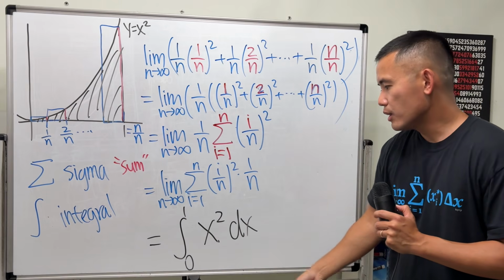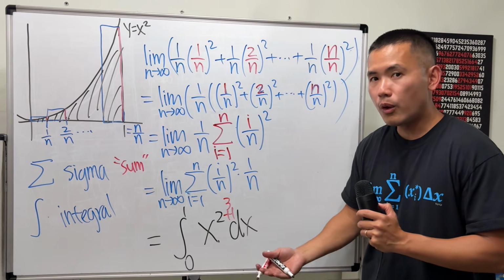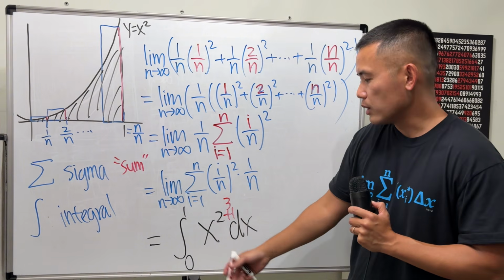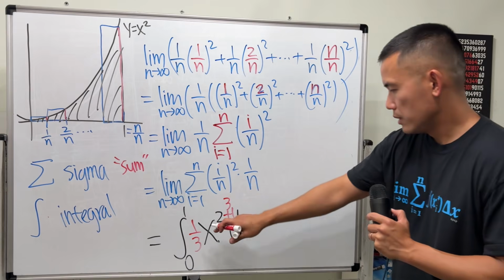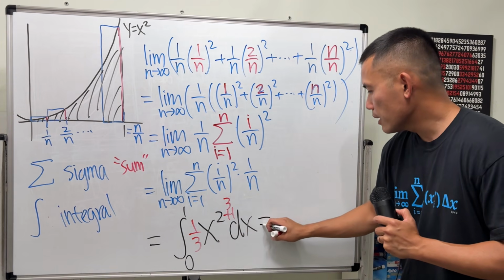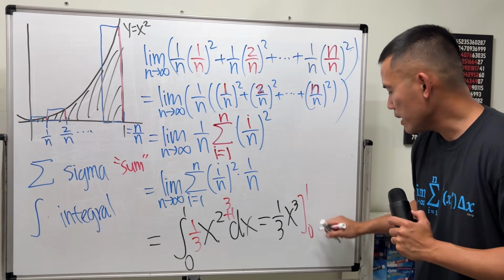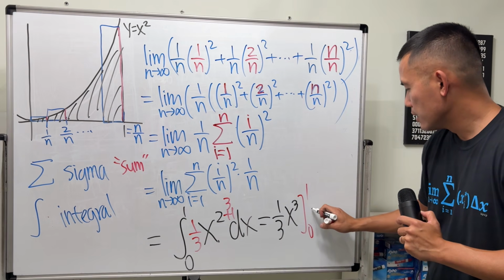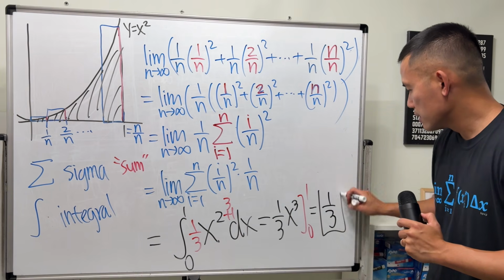And then to do this integral, you just add 1 to the power, because you have to do the reverse power rule, because you are doing the antiderivative for this. And then divide by the new power, which is divided by 3. So you get 1/3 x cubed, and then you go from 0 to 1, plugging in 1, and then plugging in 0, and you get 1/3. Let me write it.